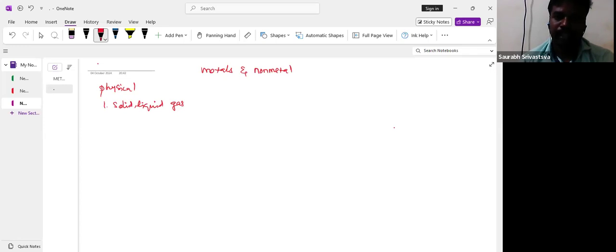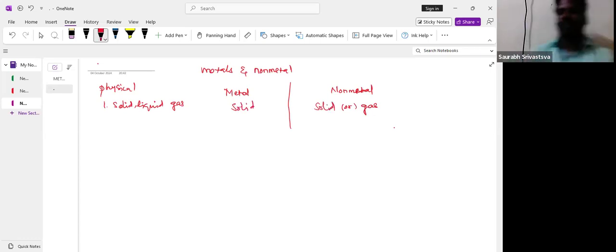If you are taking solid, liquid, gas, first we can say here metal and here non-metal. Metals are generally solid in nature, and non-metals are solid or gaseous in nature.